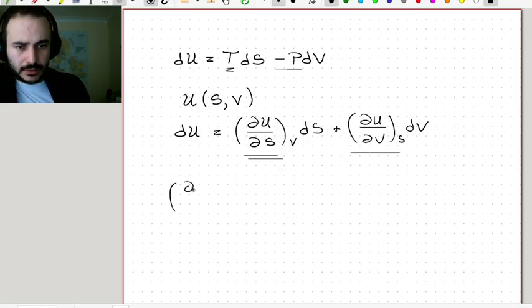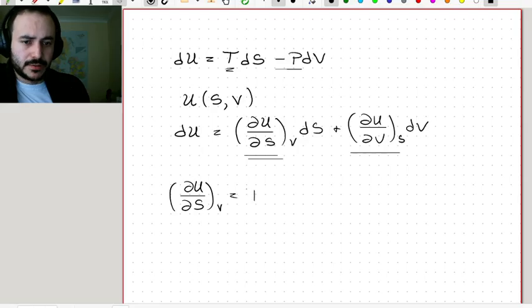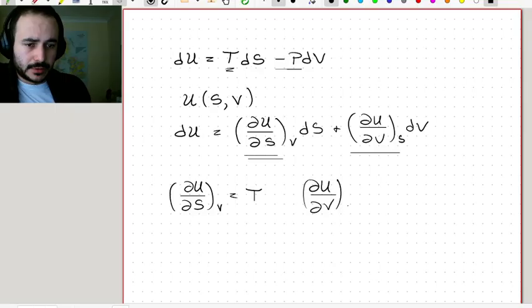So, in other words, the partial derivative of internal energy with respect to S at constant V is T, and the partial derivative of U with respect to V at constant S is minus the pressure.